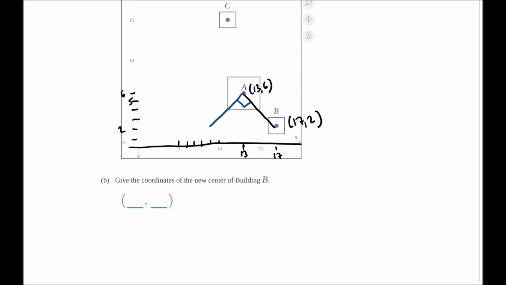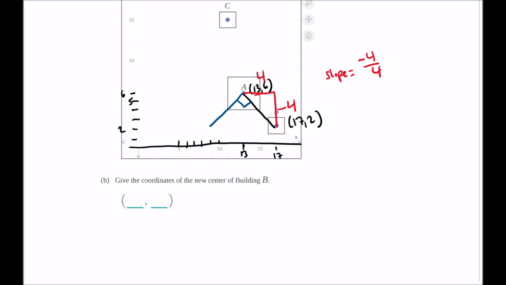So one way is to find the slope of the original line AB, right, from A to B. So let's do that. So it goes from 13 to 17, so it's going over 4. And it's going from 6 to 2, so it's going down 4. So the slope of that is rise over run, so negative 4 over 4.